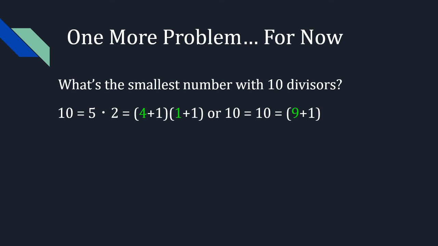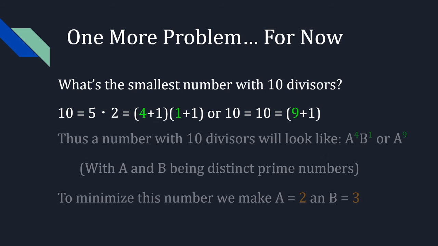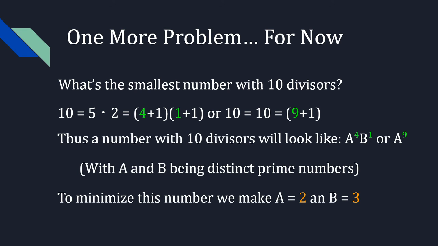So if you're still lost, okay, here we'll explain why that's helpful. It's because 10 can be represented as that, right? A number with 10 divisors will look like either a prime number to the 4th times another distinct prime number to the 1st, or just a single prime number to the 9th.